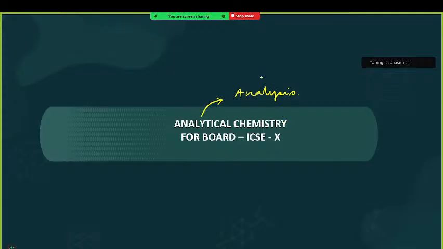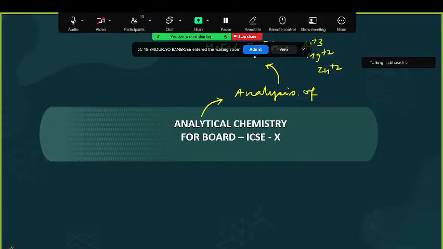Analysis of which? Analysis of metal cations, like aluminium, like magnesium, like zinc, etc.